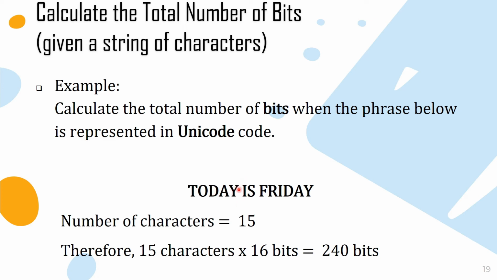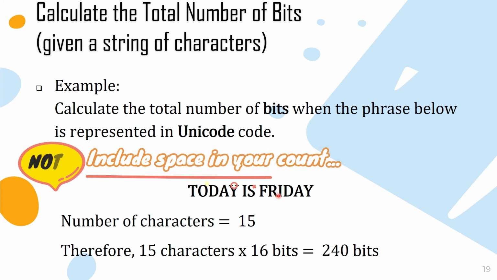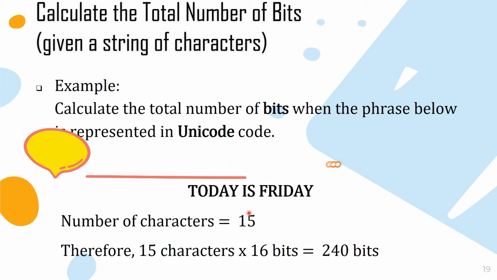Don't forget the space. 6, 7, 8, 9, 10, 11, 12, 13, 14, and 15. So the total number of characters is 15. Therefore 15 characters, you need to multiply it with 16 bits.